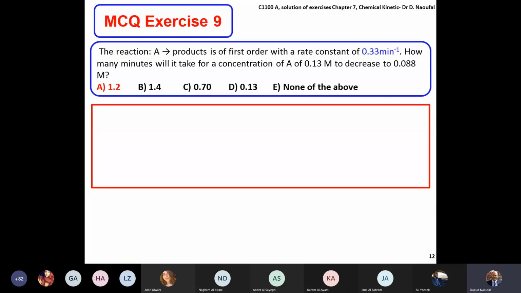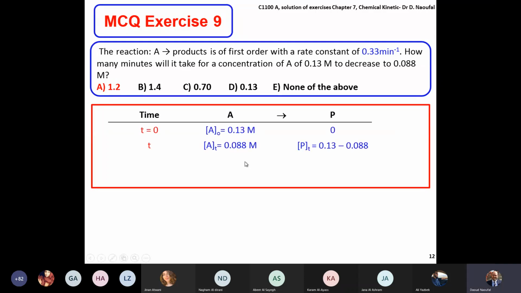How many minutes will it take for a concentration of A, initially 0.13 molar, to decrease to 0.088 molar? By the same way, we can construct the table of conversion. It's very important to construct this table. We have time, reactant, product.